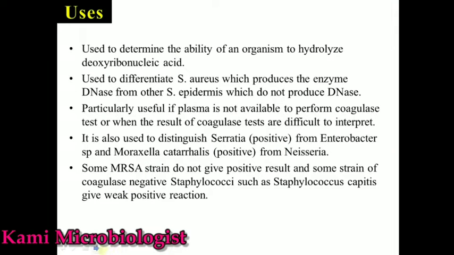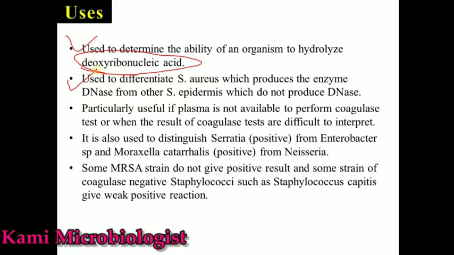Now let's talk about the uses, how we can use this media. This media is specially used to identify bacteria that can produce exoenzymes, or we can say the DNase enzyme. Moreover, this media is used to determine the ability of an organism to hydrolyze deoxyribonucleic acid by exoenzyme.